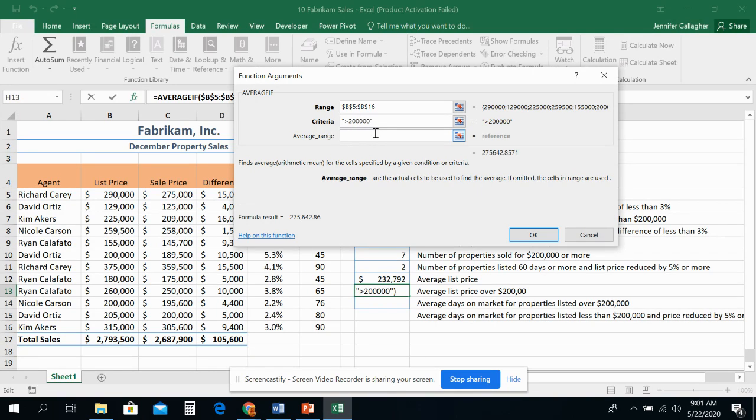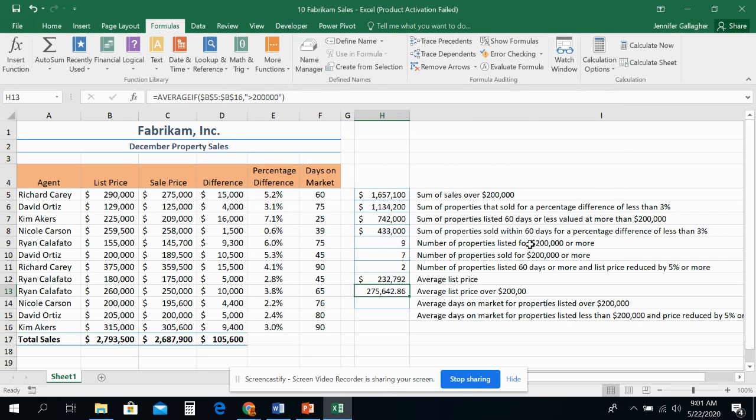Since my range is the same, I don't have to put in anything else, and I can just press OK. So I have 275,642 and 86 cents. So the average price is 232,792. The average for houses over 200,000, because that was my criteria, is 275,642.